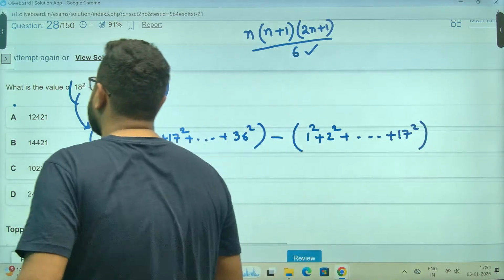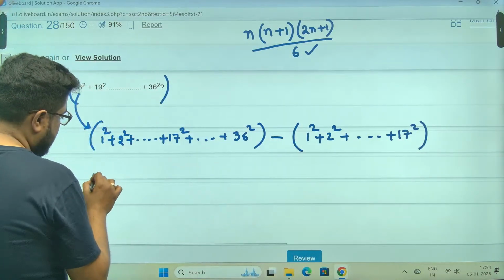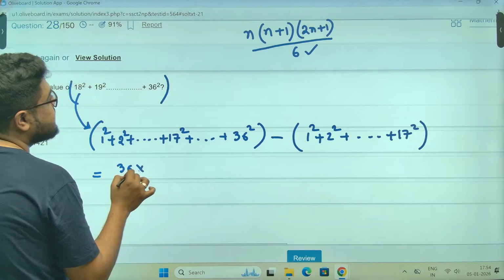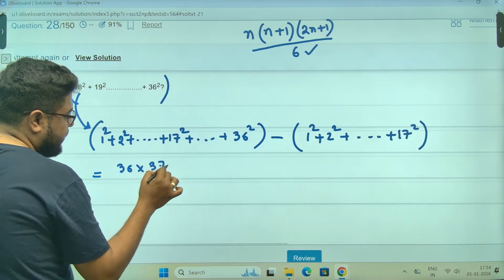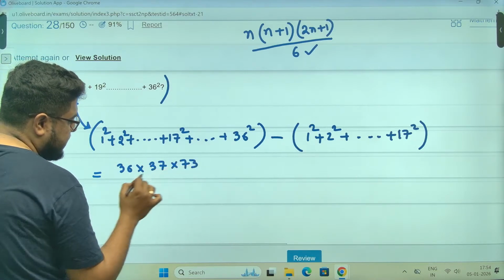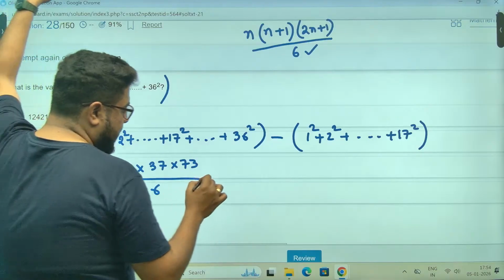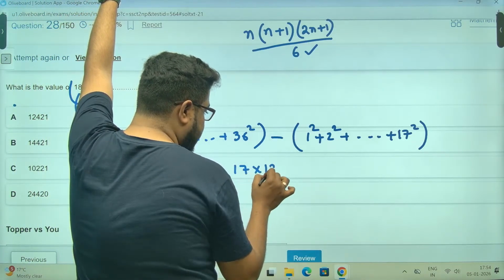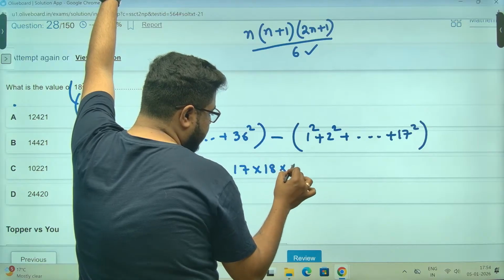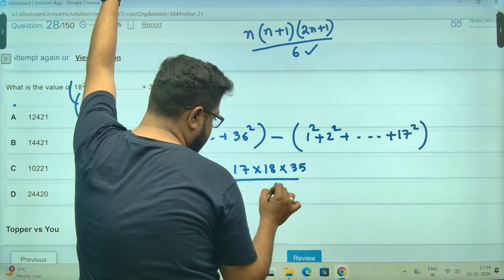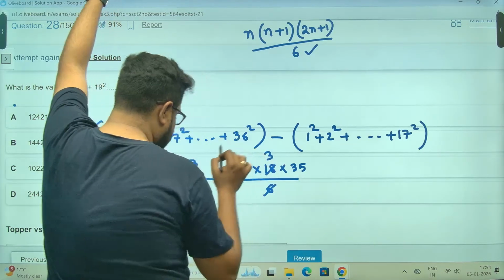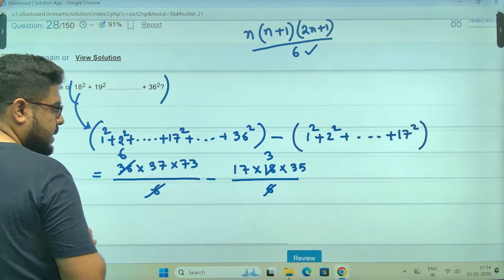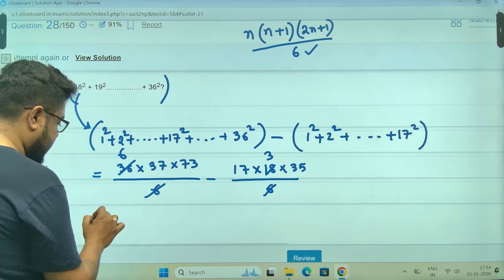So just use the formula twice. So this will be 36 into 37 into 73 by 6 minus 17 into 18 into 35 divided by 6. अच्छा, take whatever you can take common.